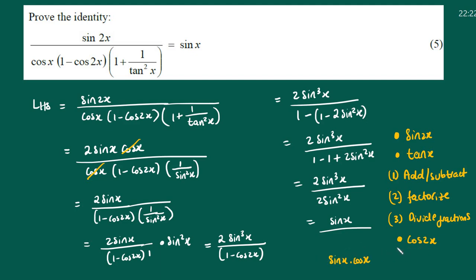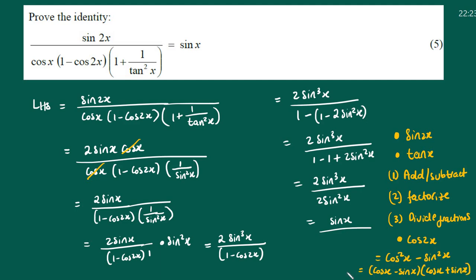And another thing is that sometimes, I don't want to lie to you, sometimes it's beneficial to change this into cos squared x minus sine squared x. Do you know why? This is because this is a difference of two squares, okay? So you'd have cos x minus sine x into cos x plus sine x. So it's sometimes beneficial.